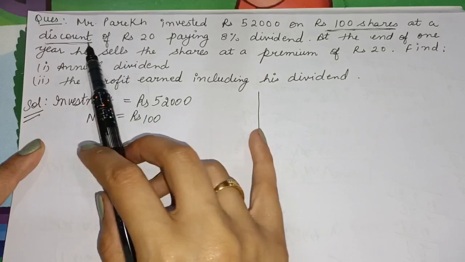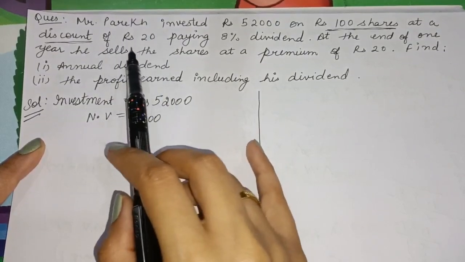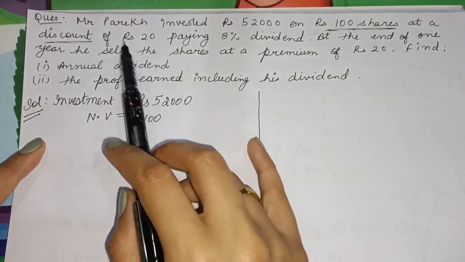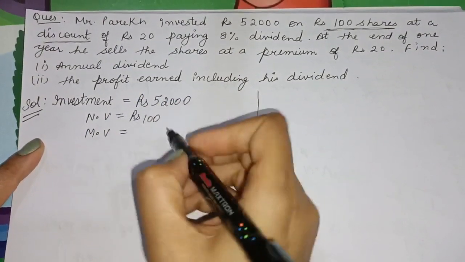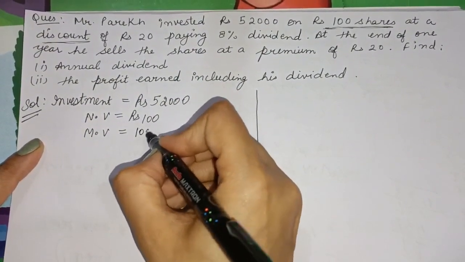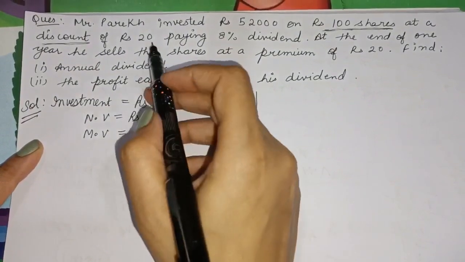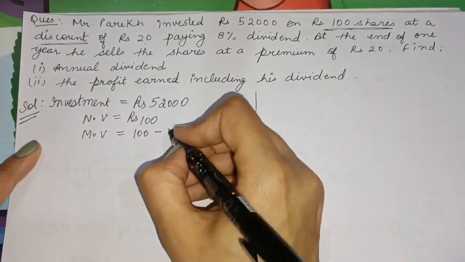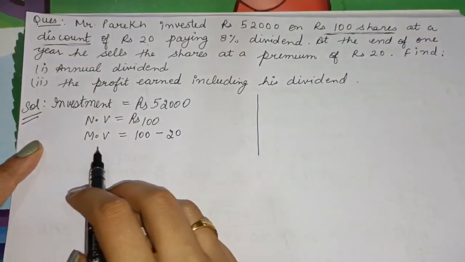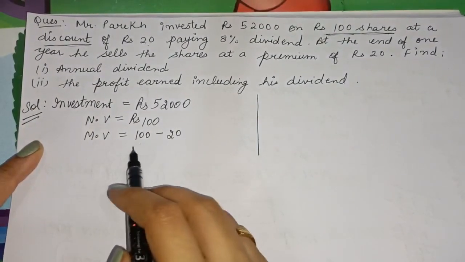Now how much discount is there? Rupees 20. It is already given to us in the form of rupees. So MV we can find easily. MV is equal to nominal value minus this discount. Nominal value is 100. What is this discount? 20. So MV is equal to 100 minus 20.